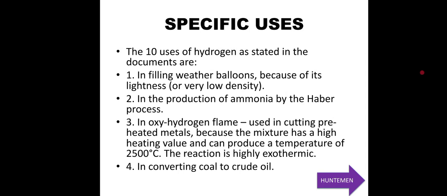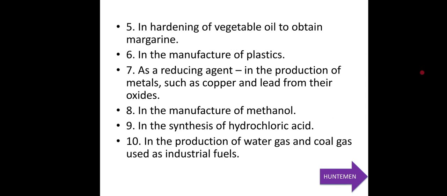Number 4, hydrogen is used in converting coal into crude oil. Number 5, in hardening of vegetable oil to attain margarine, like I said before. Number 6, hydrogen is used in manufacture of plastics.